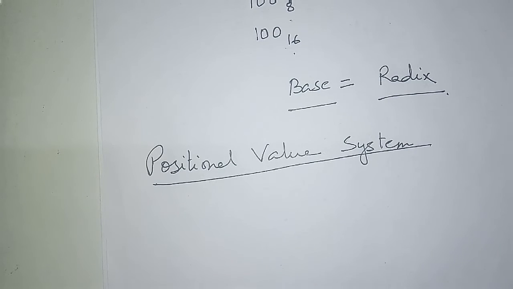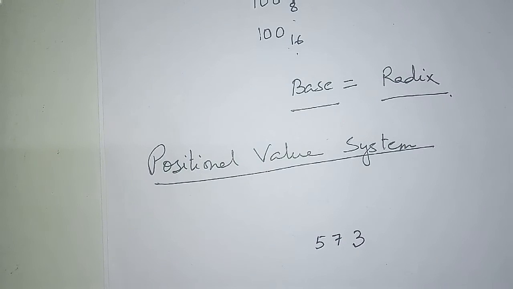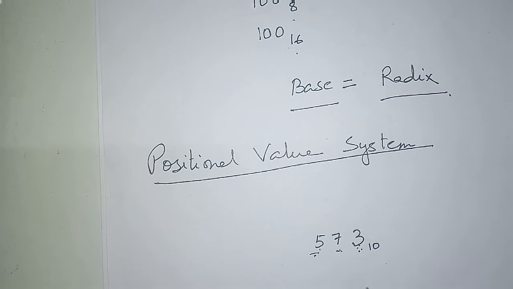Let's take the example of 573. 573 is a number written in the decimal number system. This 573 is made up of 3 digits: 5, 7 and 3. Each digit, whether it is 5, 7 or 3, has a value at its particular position. The positional value that each digit has is according to the position where it is placed.